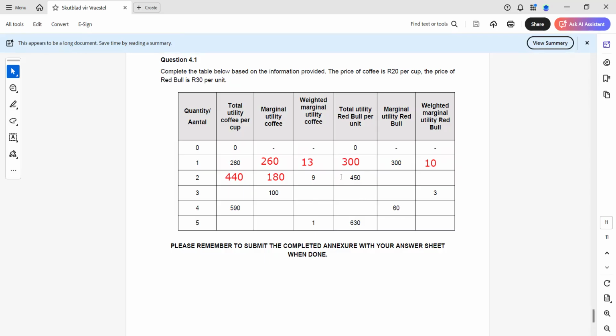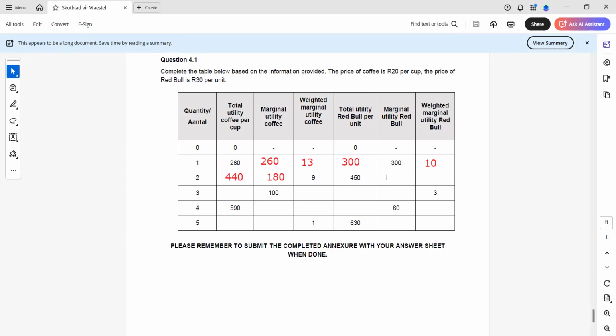On this side, you can see that we're given our total utility, but we don't have marginal utility and weighted marginal utility. But because we have total utility, you can easily get your marginal utility, right? You can just say this one minus this, a change in total utility, which is 450 minus 300.